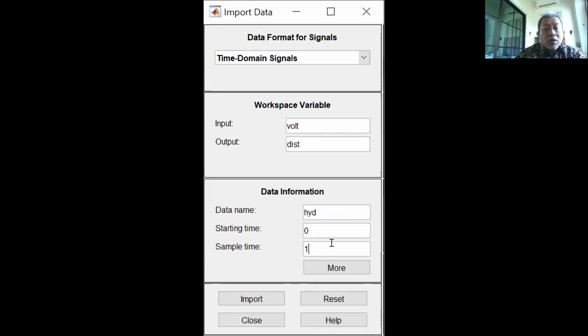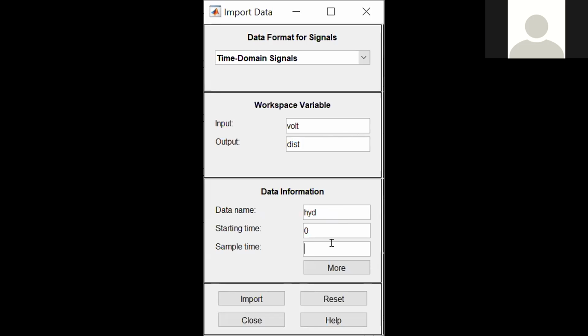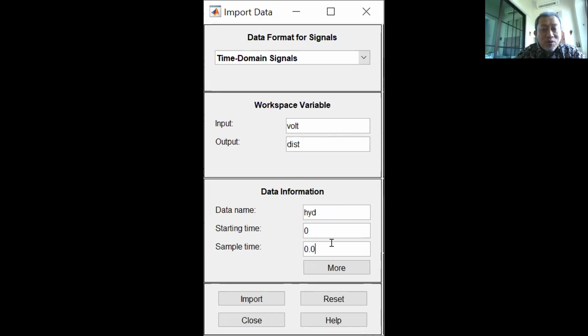Sample time berapa, Zul? Sampling time 0.045. 0.055. 0.050. 45, 50, 55 kan? Data C tu sample at 55 millisecond. So 0.055 kan? Betul? Ya, betul.